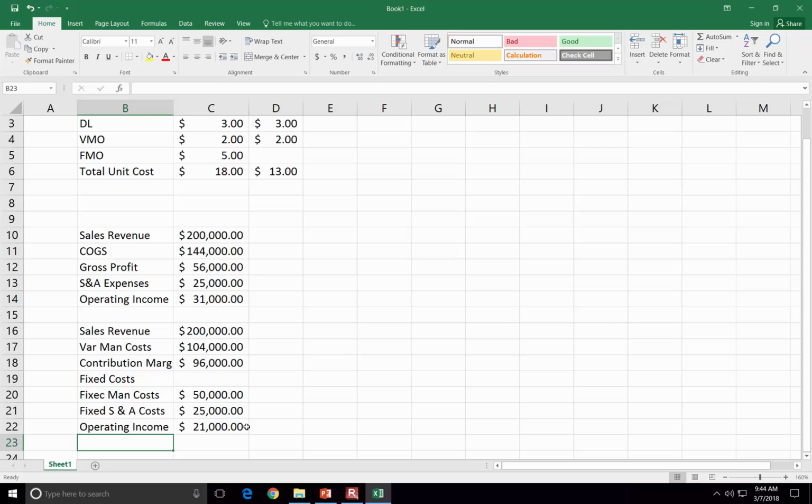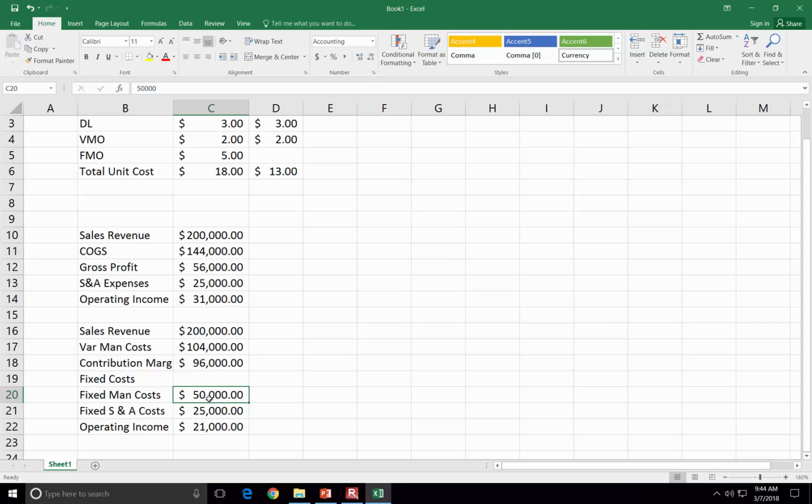So the big question is, why is it different? Here it was 31,000. Here it was 21,000. And the answer is, the reason it's different is under variable costing, we accounted for all of the fixed manufacturing costs for the month, all $50,000 worth of them.